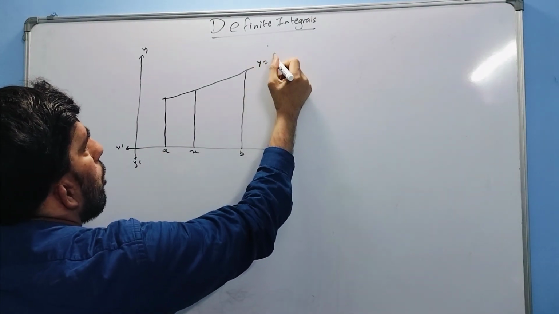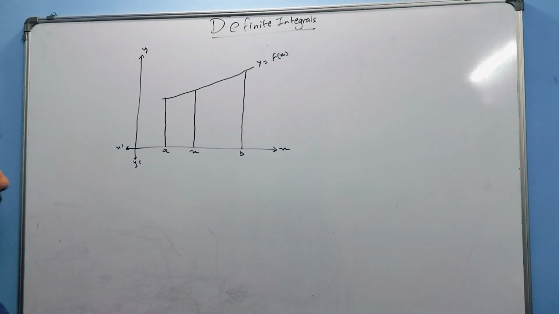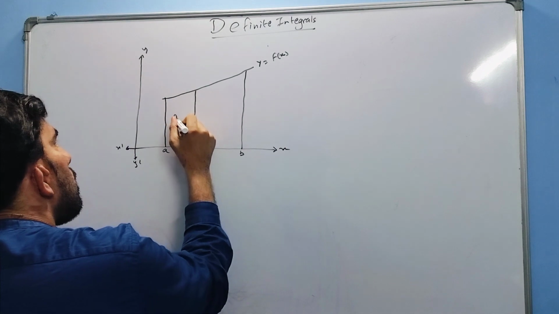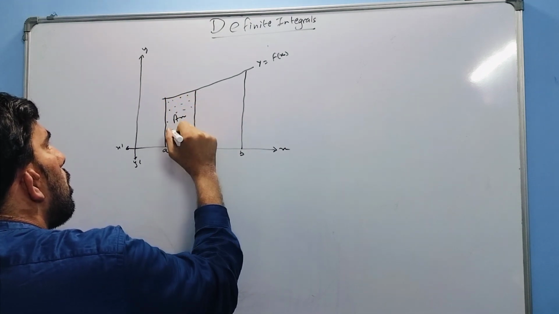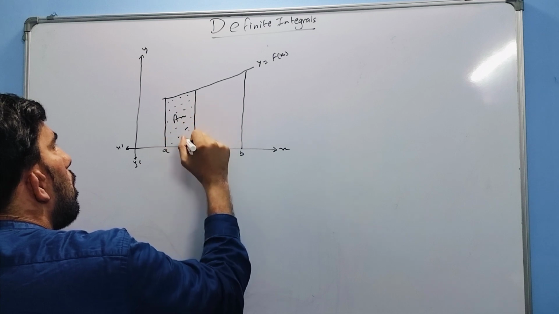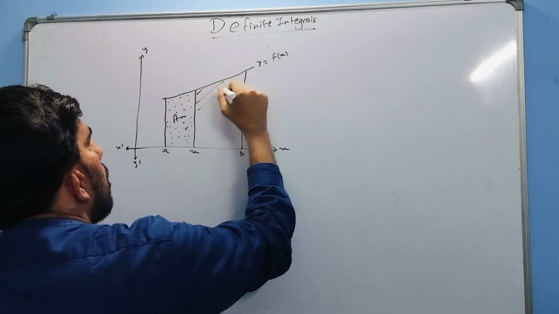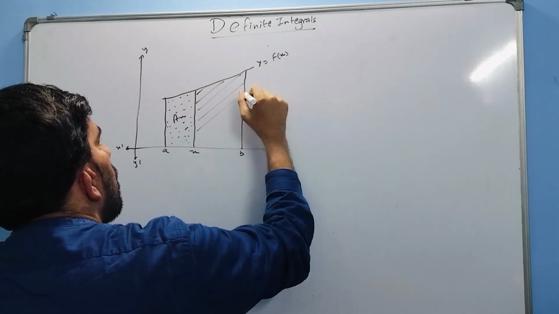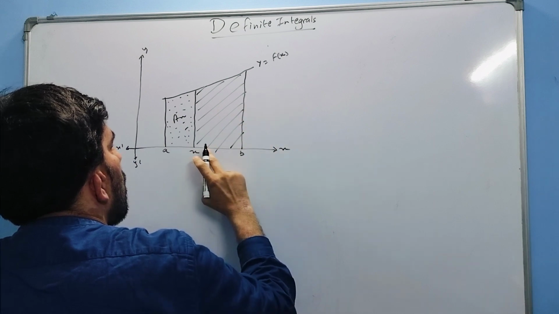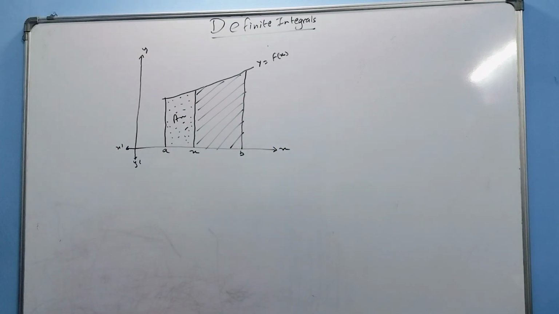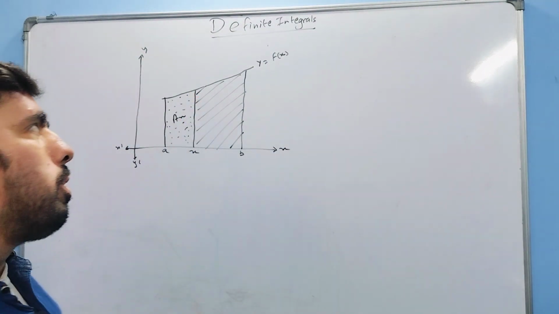So now y is equal to f(x). Okay, so we can say this is a lighter portion and it is a dark shaded portion here.